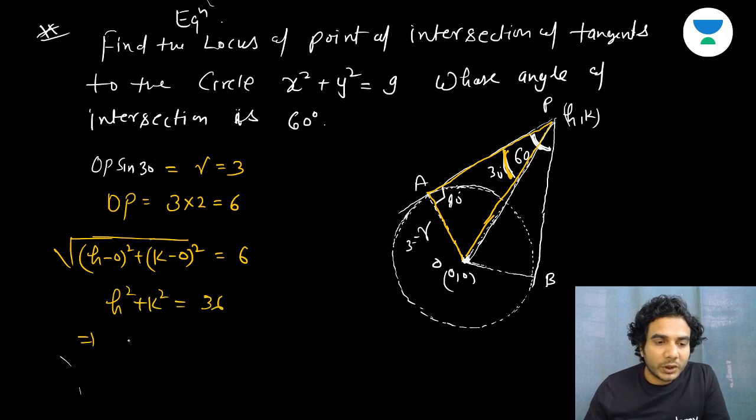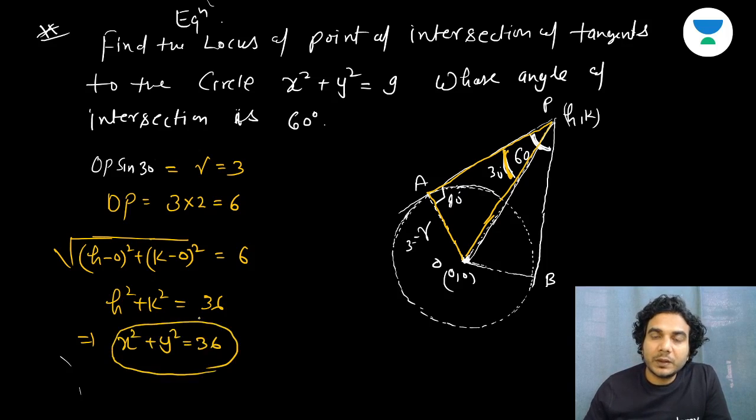Now you can replace h and k by x and y, so it is x² + y² = 36. So in case of circles, whenever the angle between the tangents is given constant, the locus of the point of intersection will always be a circle, a concentric circle with the given circle. The radius will be different. I hope you've got this point.